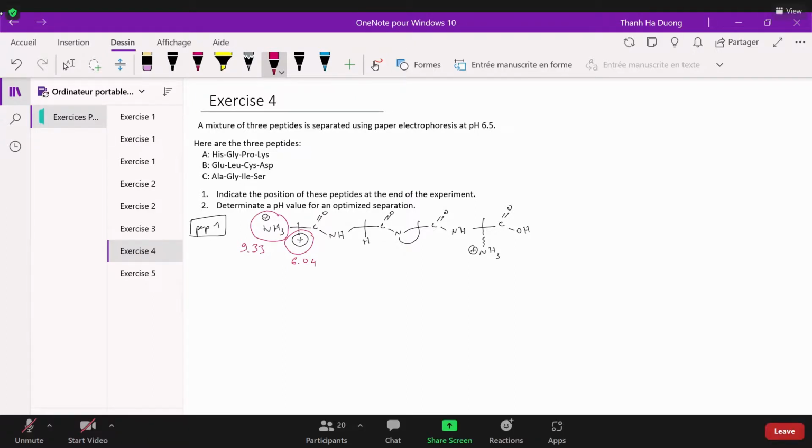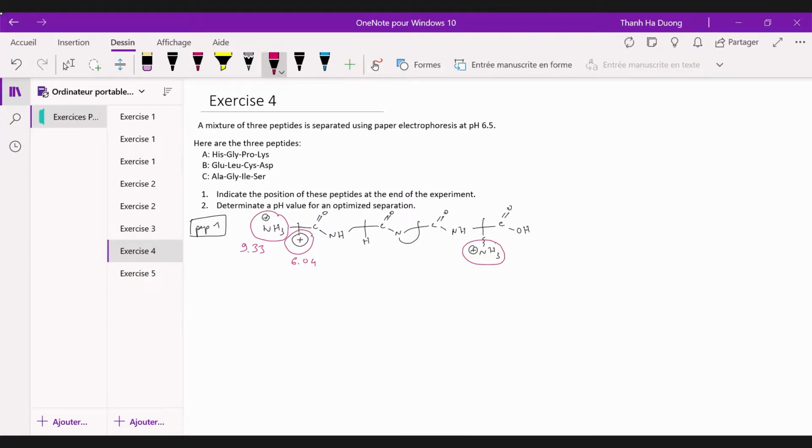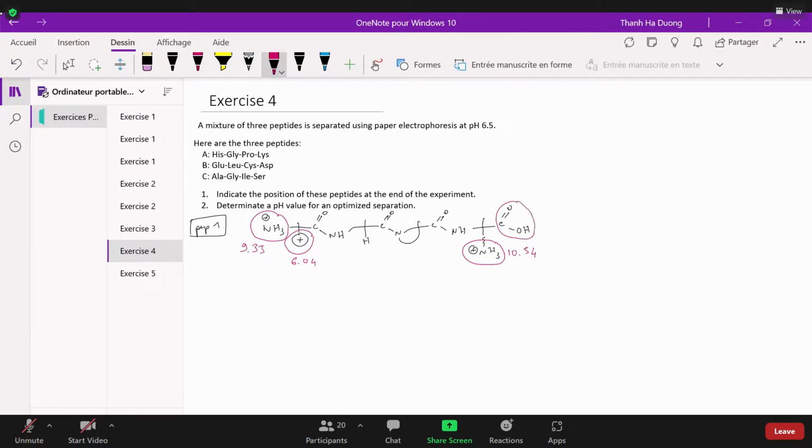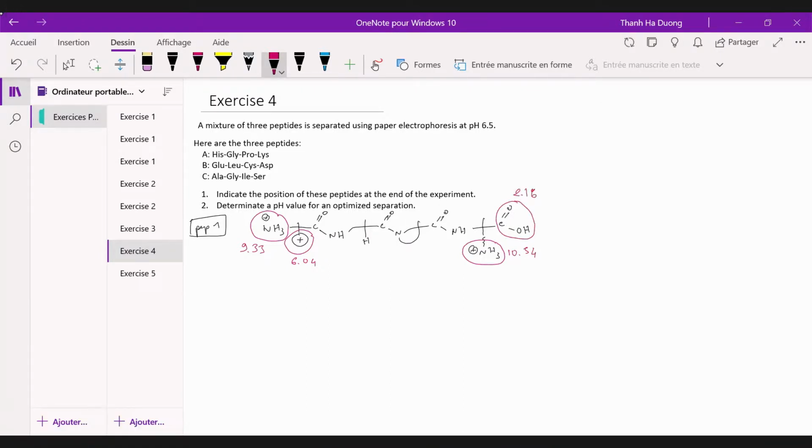Here you don't have any function which can be protonated, but the last one, the side chain of the lysine, has a pKa of 10.55, and the C-terminus at 2.16.